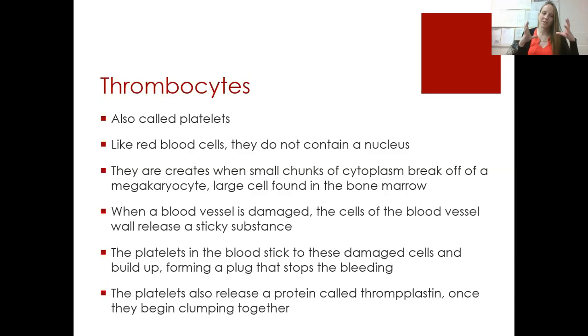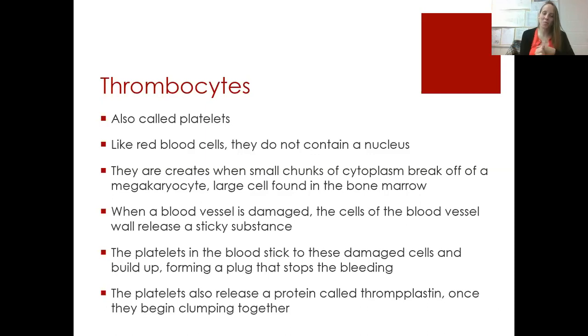The megakaryocyte is found in the bone marrow. These little chunks of cytoplasm break off of it, and that is the platelet. So it's not like a red blood cell that had a nucleus and then the nucleus was removed. The platelets never had a nucleus. They were always just a hunk of cytoplasm.